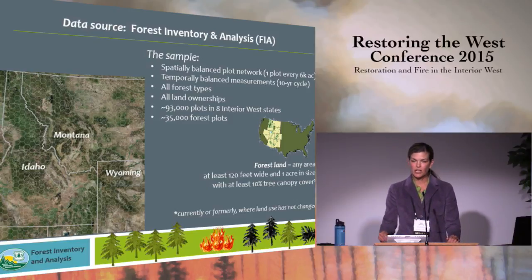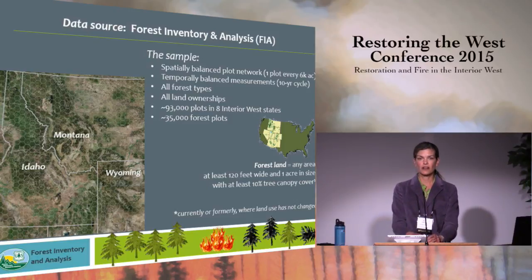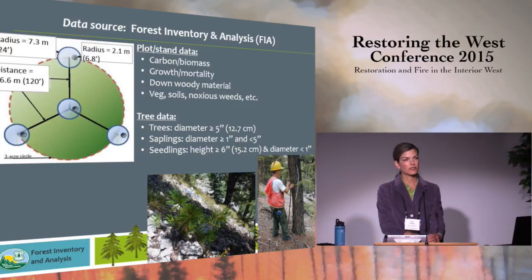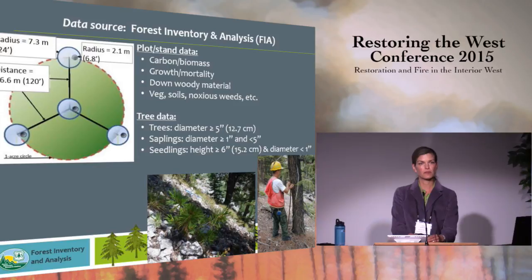This is what an FIA plot looks like. It covers about an acre on the ground and consists of 4 subplots, each of about a 7-meter radius. At the plot level, we summarize carbon and biomass data, tree growth and mortality, downwoody materials, and then some understory vegetation information, some soils information, noxious weeds where they occur, and a few other variables.